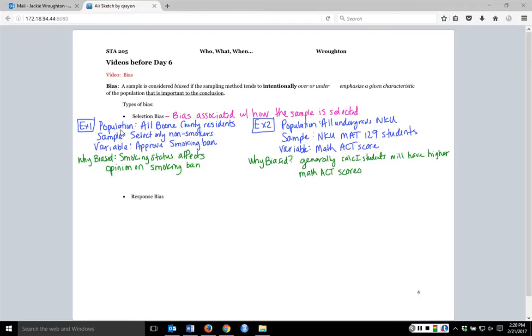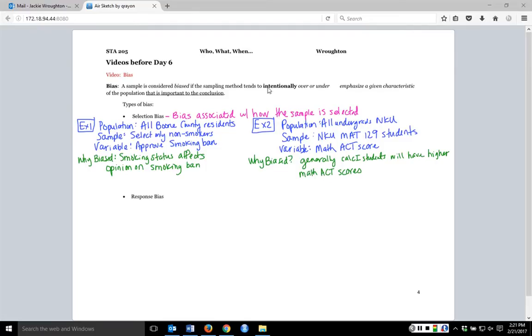So just having a population and sample by itself doesn't tell us if it's biased. We looked at an example of all people in the United States versus just people in Cincinnati, and depending on what we were measuring, we were okay with it being unbiased in a sense. So you need to know who the goal population is, who your sample is, and what the variable is before you can really tell me if there's a selection bias or not.